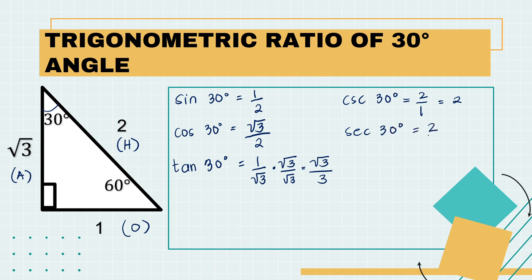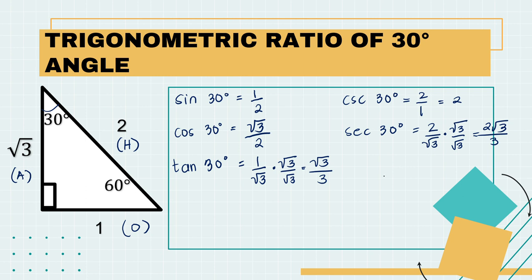So we have 2, the hypotenuse, over the adjacent side, which is square root of 3. Again, we need to rationalize it by multiplying both numerator and denominator by its similar radical. So we have 2 times square root of 3, that is 2 square root of 3 over square root of 3 times square root of 3, that would be square root of 9, and square root of 9 is 3.